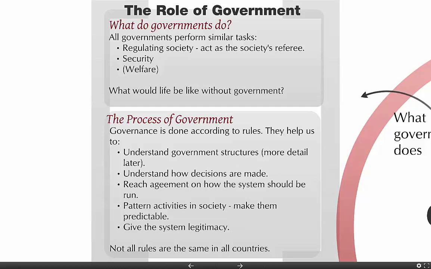It's a bureaucratic entity that is allowed to impose its rules on the rest of society legally, backed up by violence. And from that arises all these tasks that governments do.